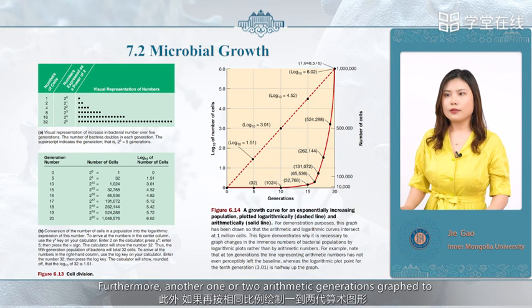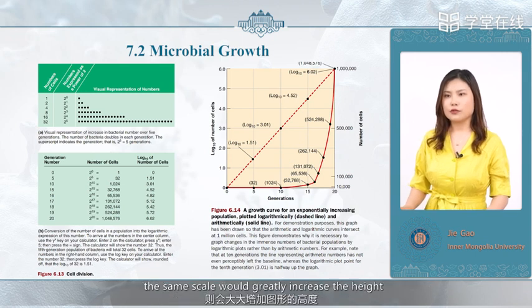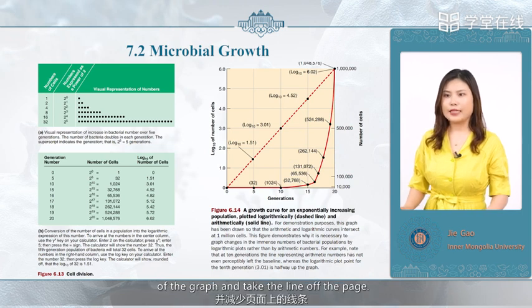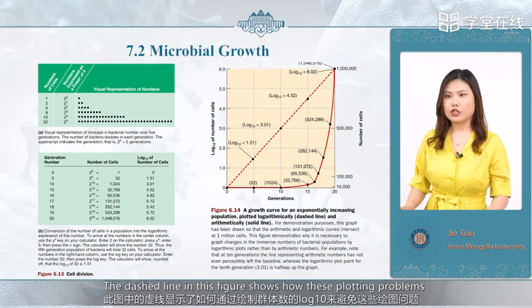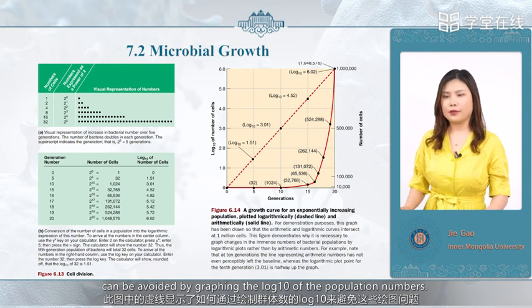Furthermore, another 1 or 2 arithmetic generations graphed to the same scale would greatly increase the height of the graph and take the line off this page. The dashed line in this figure shows how these plotting problems can be avoided by graphing the log 10 of the population numbers.